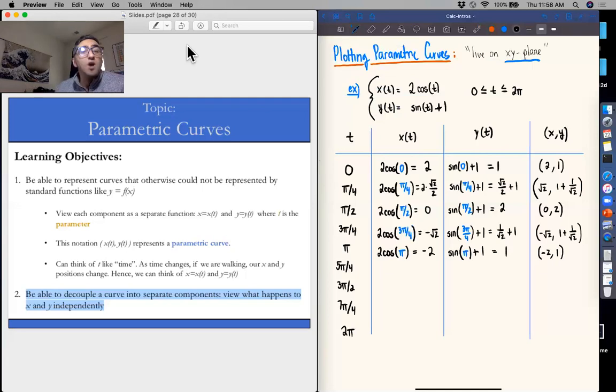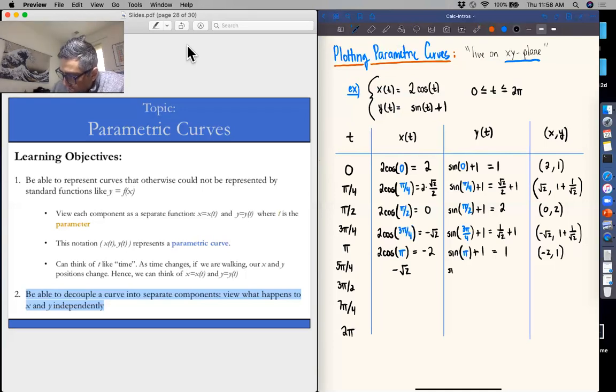And actually, we could keep going along with all of these points in this manner. So if you want to keep practicing some of these trig values, I think that's very worthy of doing. If we plug in 5 pi over 4 into our x equation, what we'll end up getting is the same value as the 3 pi over 4 case. We'll get a negative square root of 2. If we plug in the 5 pi over 4 into our y equation, we'll actually get something similar to other cases we've done.